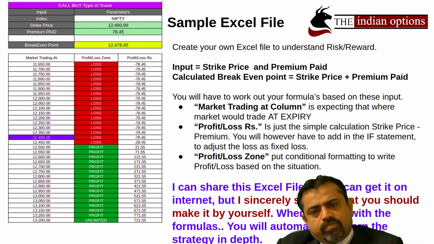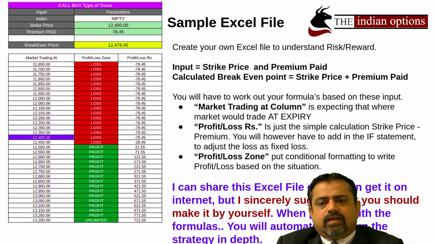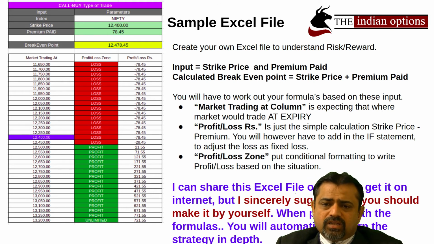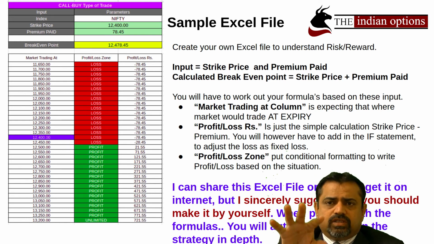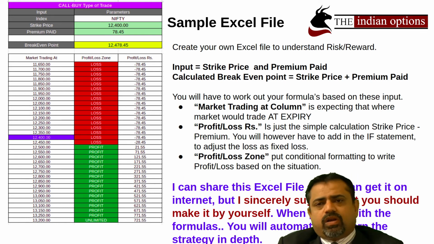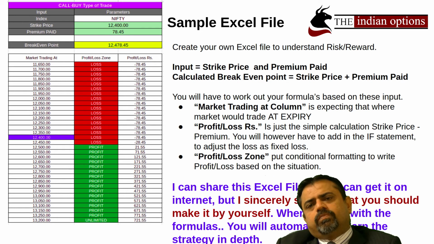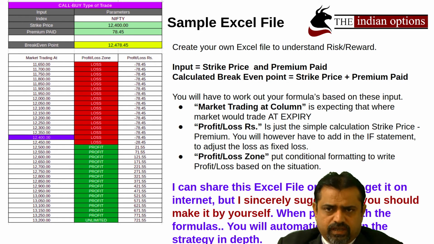So that whole column gets automatically created. Here on the right, in the C column, that is profit and loss in rupees, you will notice the loss that we spoke about in the earlier slide. Here I am just putting it in more pictorial form. So you should create this kind of file for yourself.